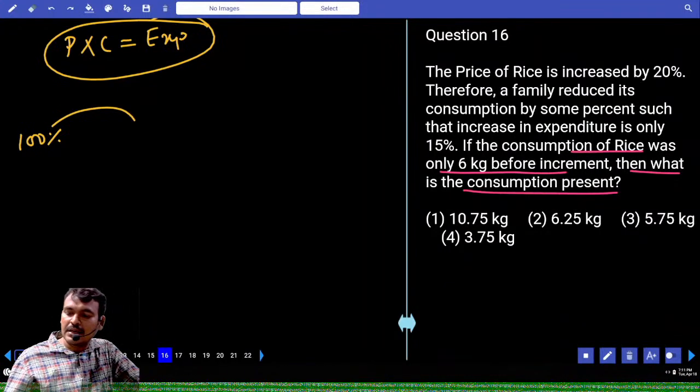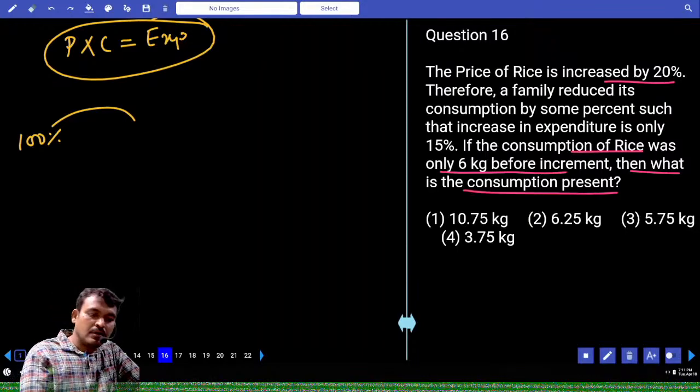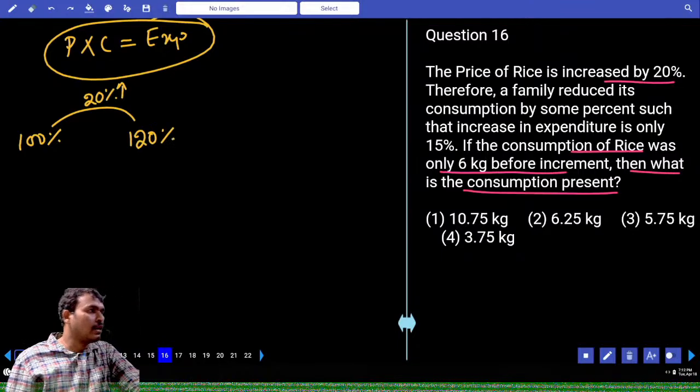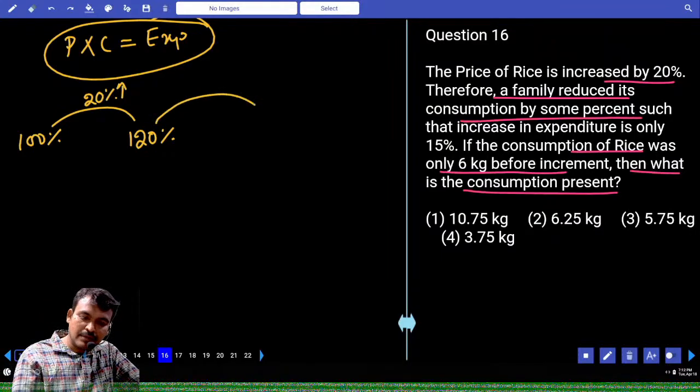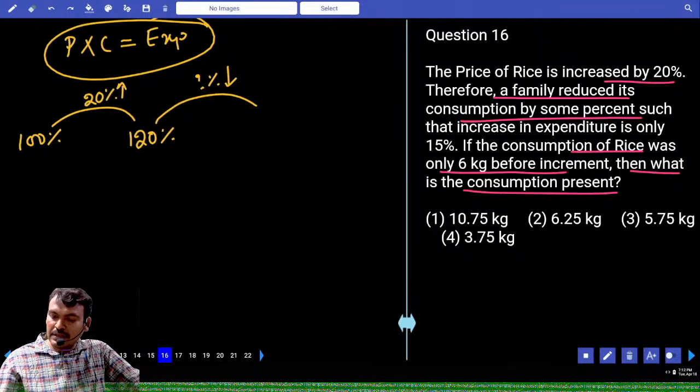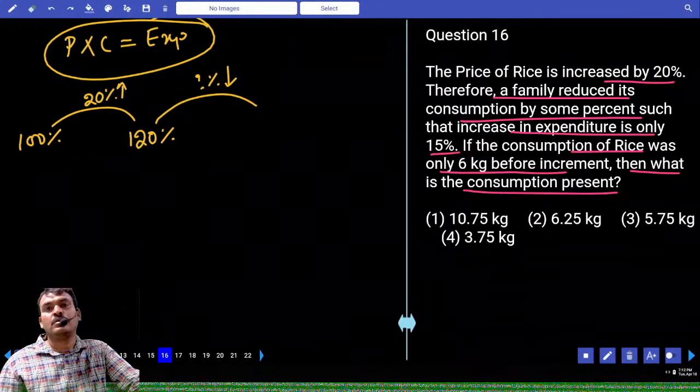Price is increased by how much? 20%. What is the new price? 120. Okay. And one more. The family reduced its consumption by some percent. After some percent the consumption is reduced, finally the expenditure is increased by how much? 15%.